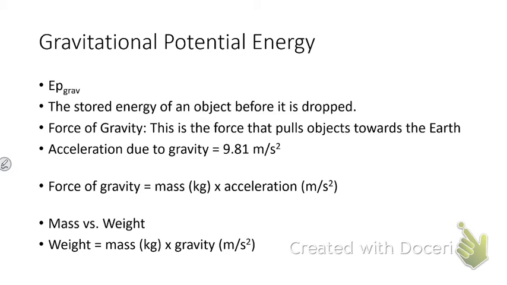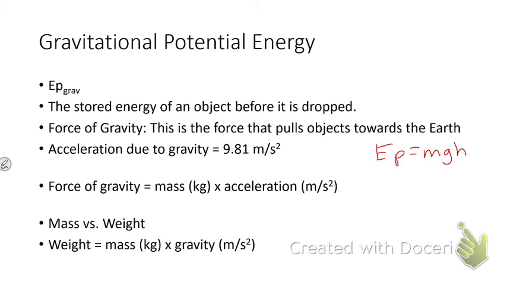So gravity pulls things towards the earth. So EP is how you might see it, which is right here, potential energy, gravitational. Acceleration due to gravity is 9.81. So remember, EP is equal to mass times gravity times height.